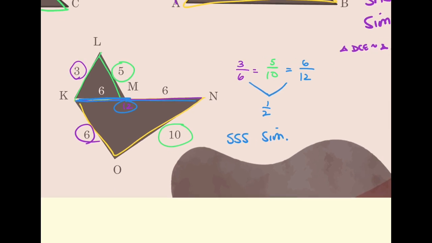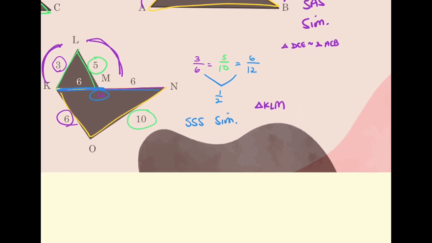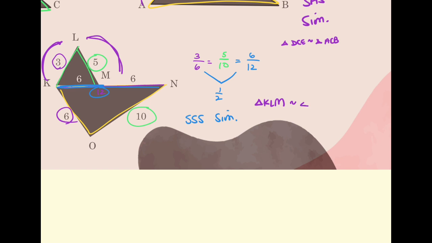And if we name the triangles, the smaller triangle, if we go KLM, we went smallest side to middle length side. So when we name the big triangle, we have to do the same.